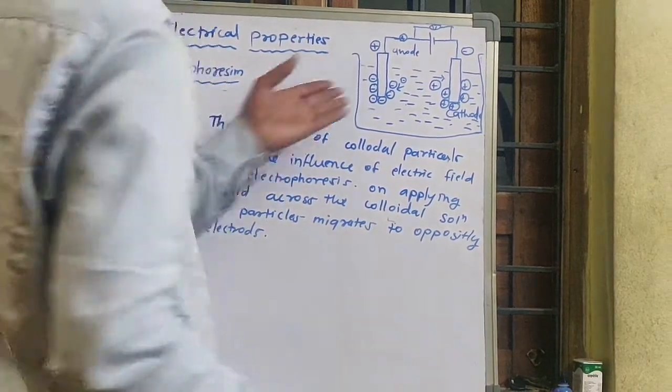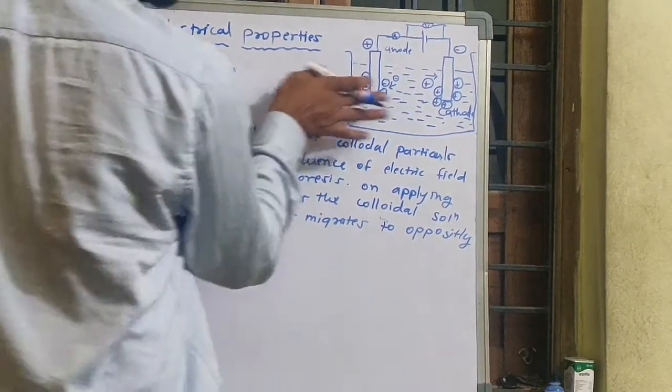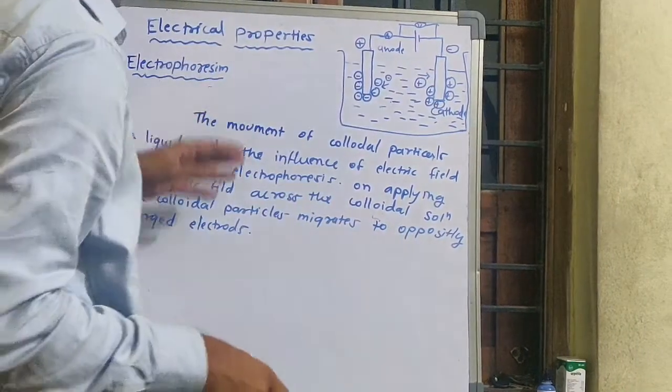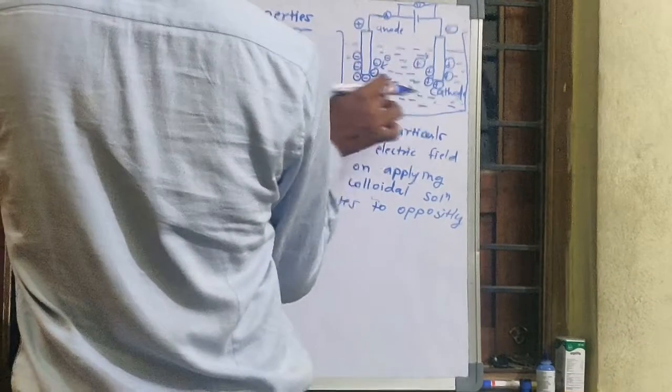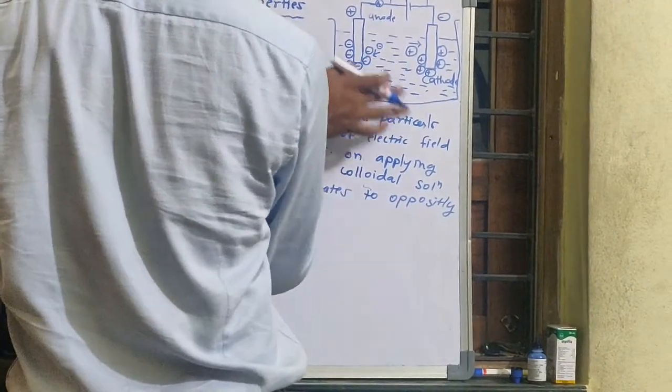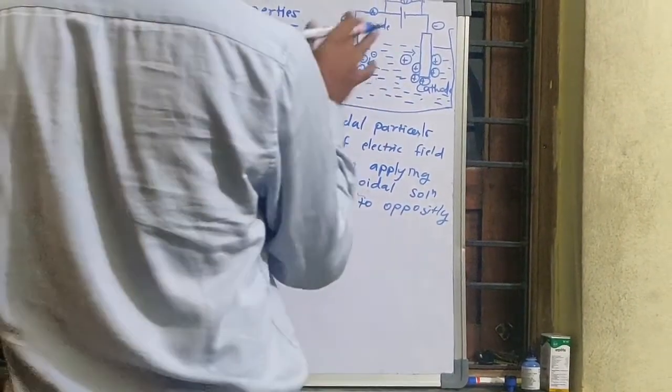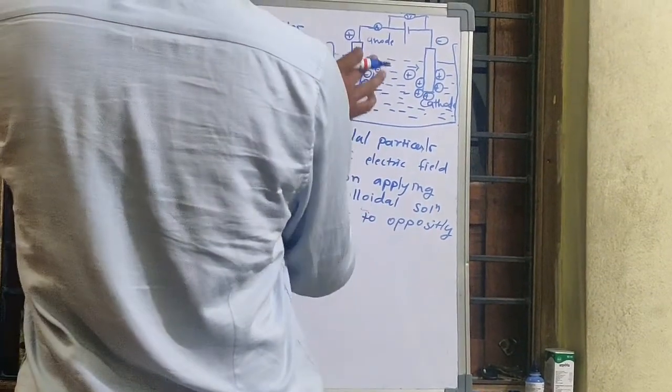In the figure we can see how the dispersed particles get transferred through the dispersion towards the anode and cathode.